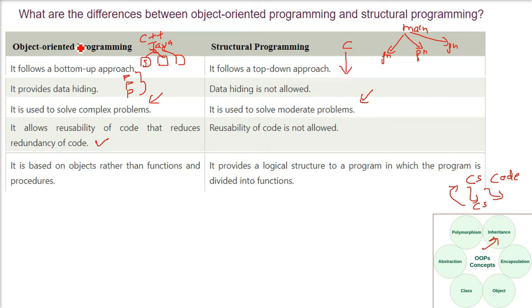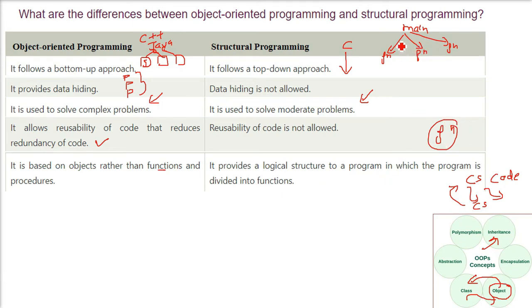OOPS is based on objects. The basic is object. A class you make and then you create as many objects as you want. It is based on objects rather than functions or procedures. Structural programming provides a logical structure to a program in which the program is divided into functions. You can just say that structural programming revolves around only the functions, procedures, or methods.